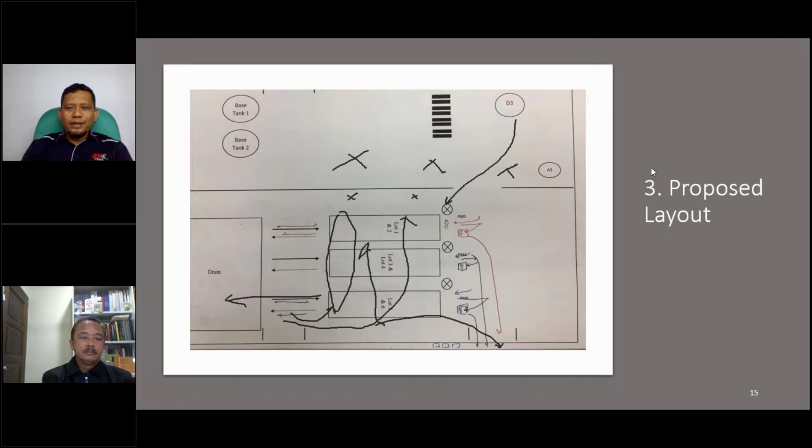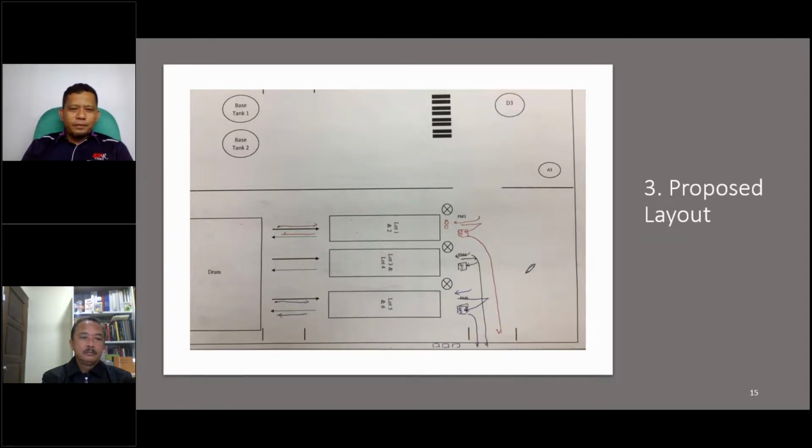So I told them, can we rearrange? Pump 4, for the drumming process of packing, we move from here to here, and pump 5, we move to here. Why? First of all, when you pump out and it's complete, the finished goods will be here.